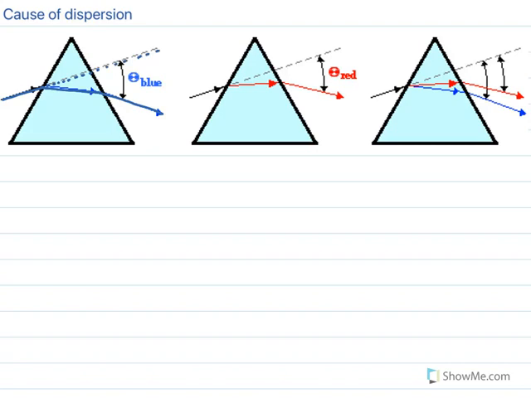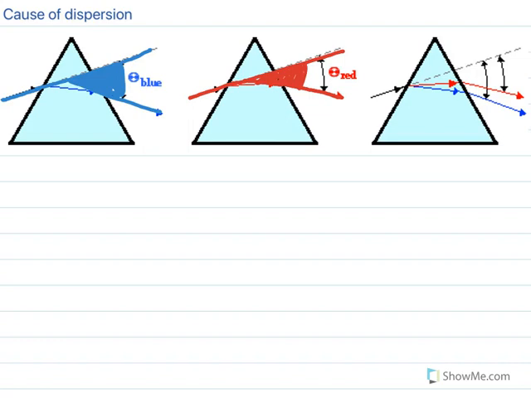Here is the angle of deviation of the blue light. But when we see the red light, it doesn't deviate as much. Here we have the red light, and here's its deviation. So the deviation of red light is much less. The red light deviates less while the blue light deviates more.